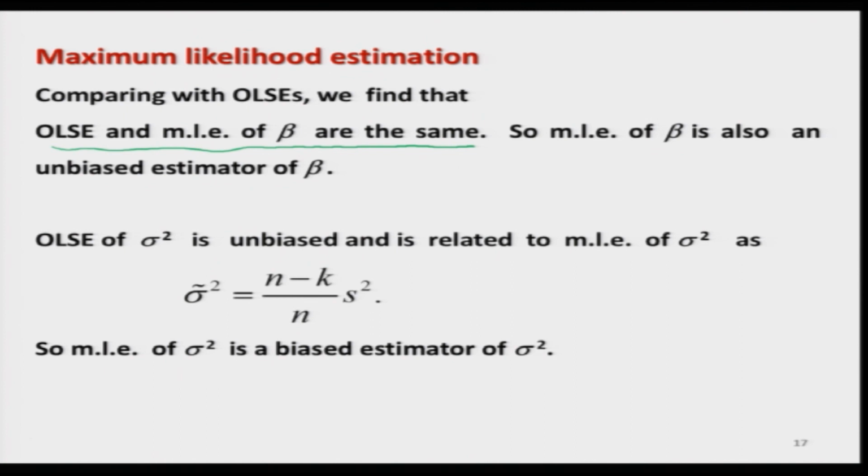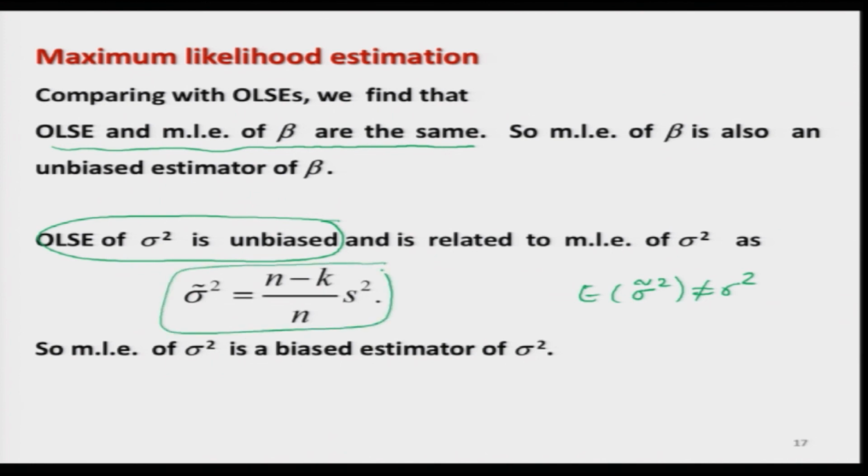In the case of the estimate of sigma square, the OLSE of sigma square is an unbiased estimator, because of the way it has been obtained. But the MLE of sigma square, which is sigma square tilde, is not equal to S square, and the relationship between the two is very simple.